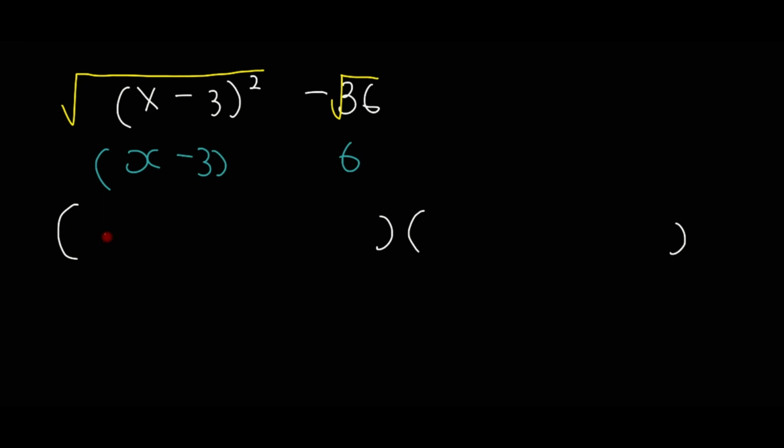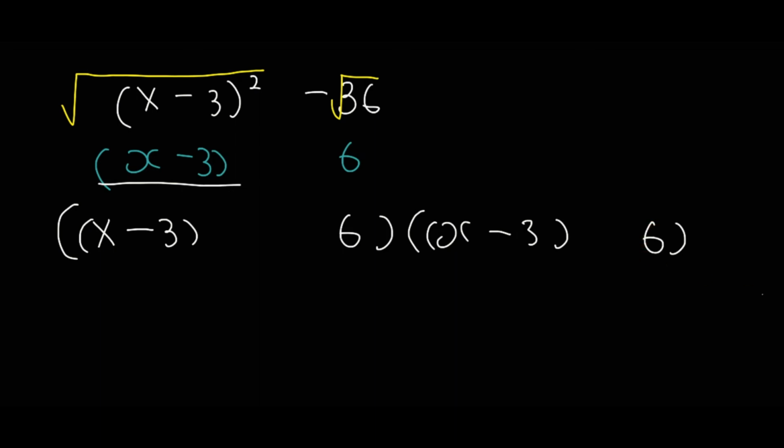So bracket ya rena mathomo ka mogare ro ba le x minus 3. So ke this one, and then ra ba le 6 here, and then ra ba le x minus 3, and then ra ba le 6 here. So from there ra ba le minus, and then ra ba le plus.